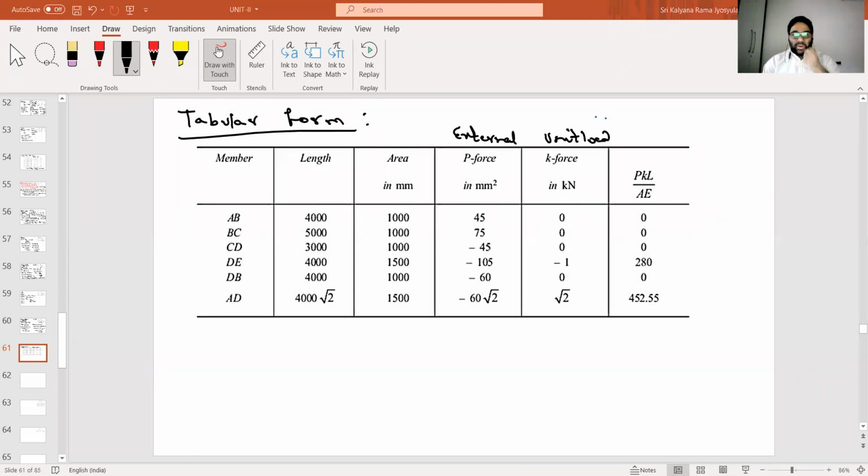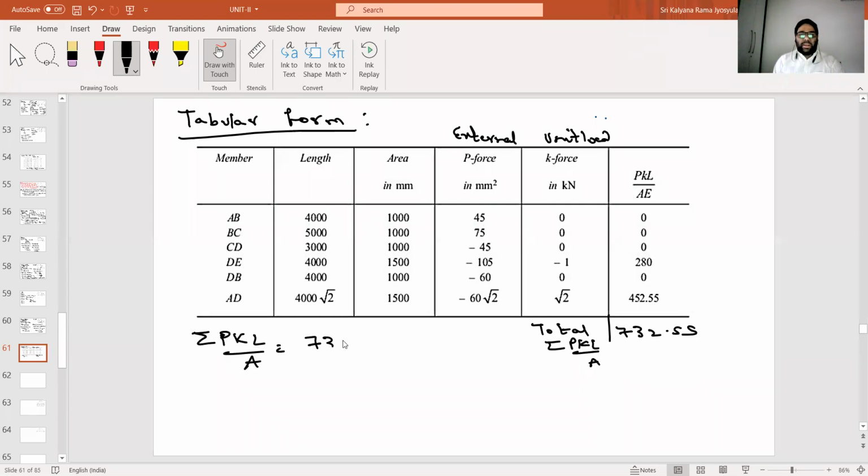From this we will first get sigma PKL by A. By adding everything, sigma PKL by A is equal to 732.55, and E is given as 200 kN per mm square. What do we need?